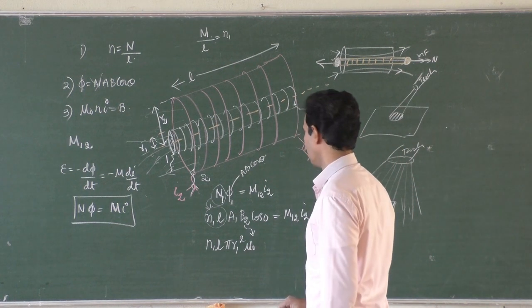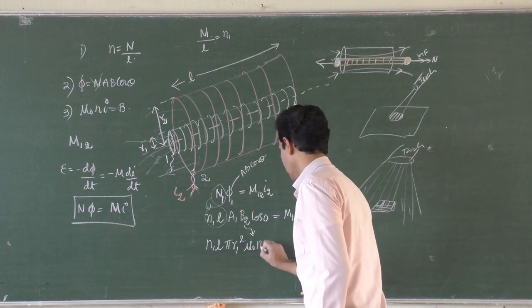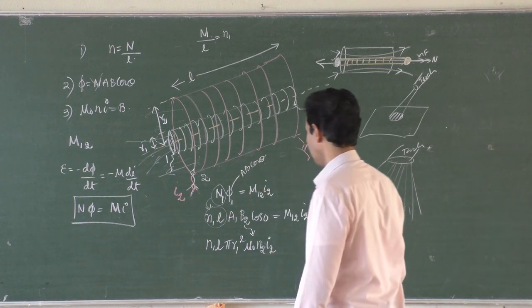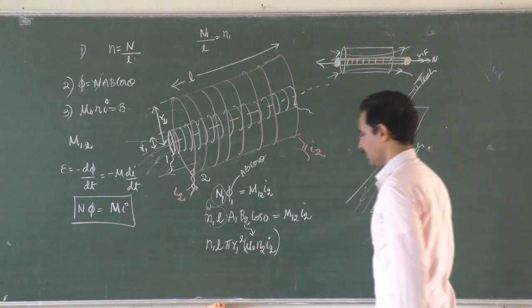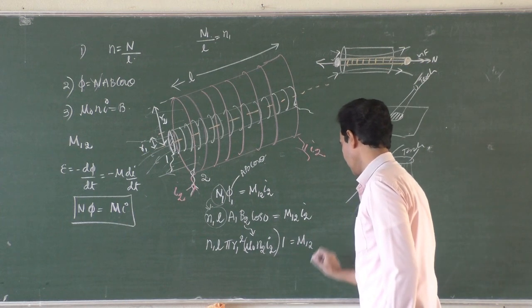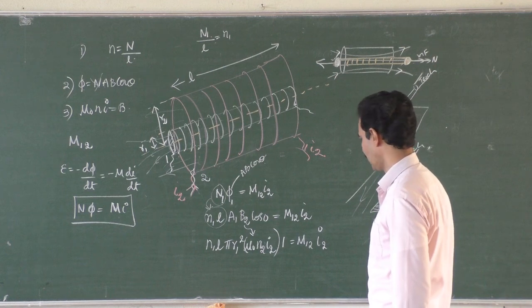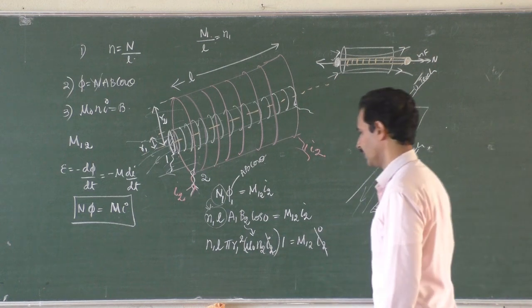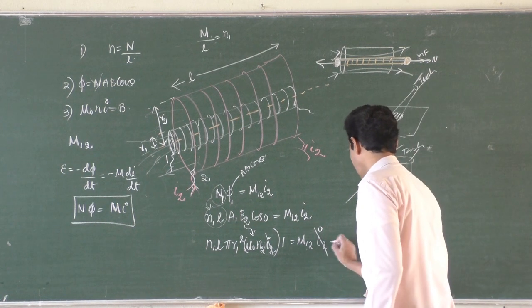Mu naught, what is the number of turns per unit length in the coil which produces the magnetic field? N2 by L, I2, am I right? B2 is mu naught N2 I2 by L, this one. Cos 0, 1, is equal to the mutual inductance of the first coil with respect to the second coil into I2, and cancel now I2, that is not needed. So what is the mutual inductance between a pair of coils?